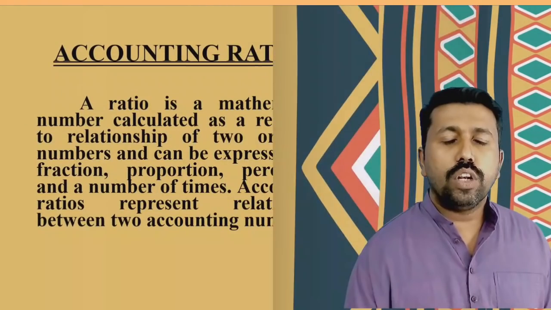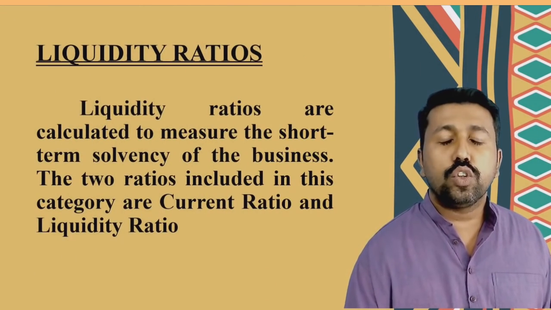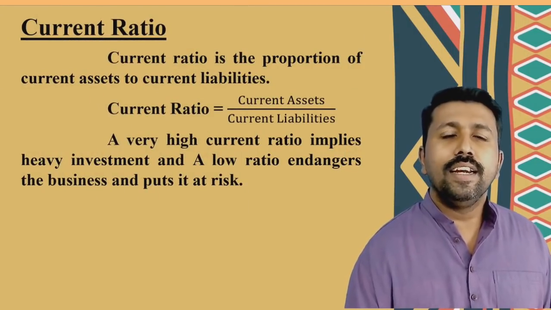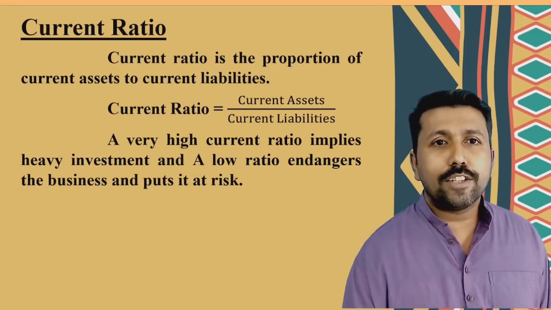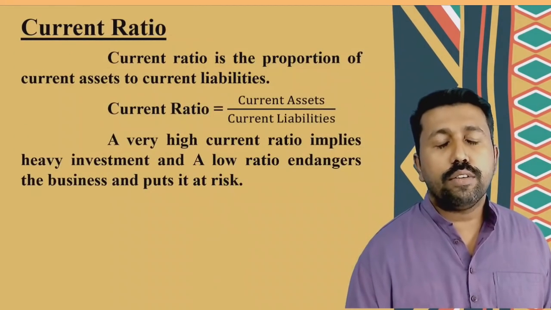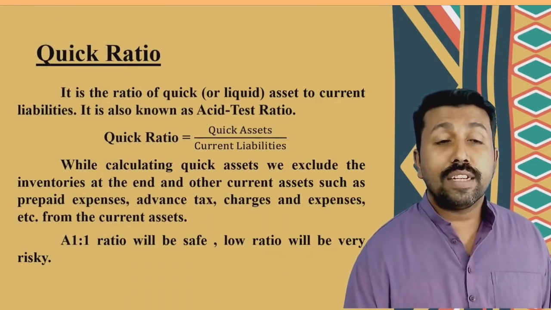Okay, so liquidity ratio includes two different items, current ratio and quick ratio or liquid ratio. You have to keep in mind, current ratio equation will be current asset divided by current liability, and 2:1 is the ideal current ratio. Working capital ratio is another name for current ratio. And quick ratio, liquid ratio, and another name is acid test ratio.